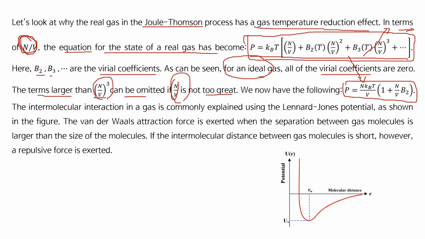The intermolecular interaction in a gas is commonly explained using the Lennard-Jones potential, as shown in this figure. The van der Waals attraction force is exerted when the separation between gas molecules is larger than the size of molecules. So this is the actual size of molecules in this region.